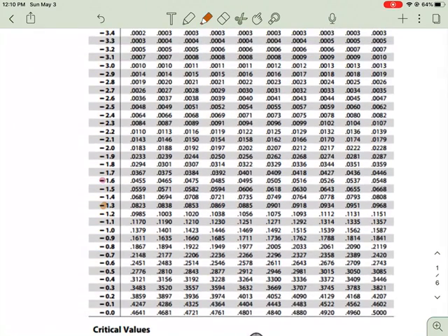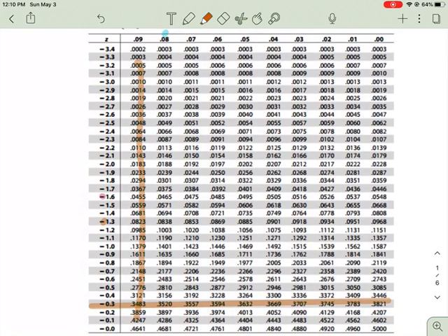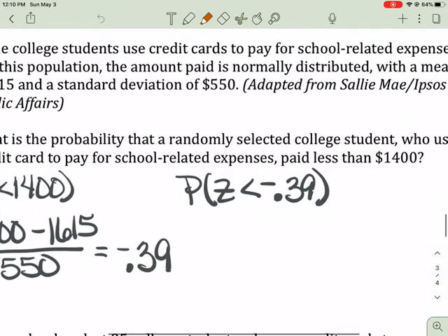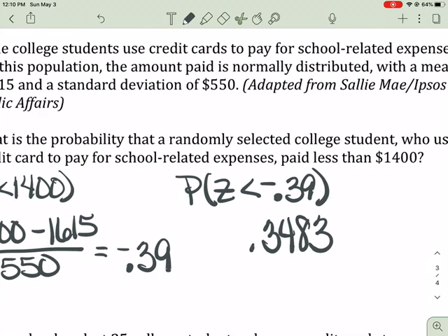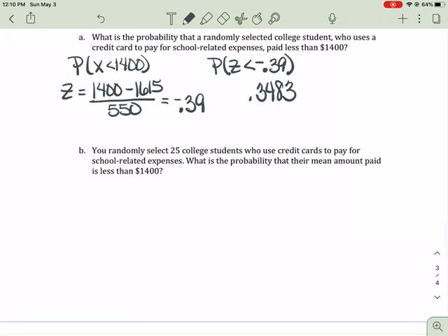Let's find negative 0.39. It's over here: 0.3483. So the probability for a single college student is about 35%.